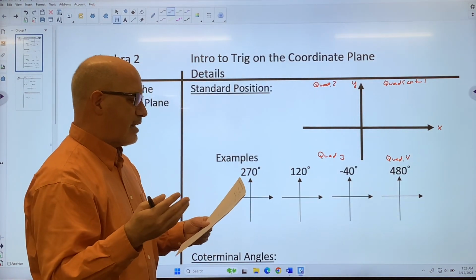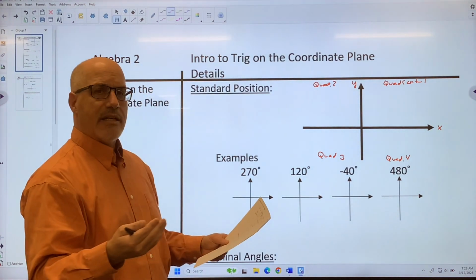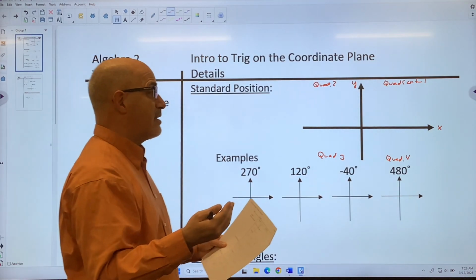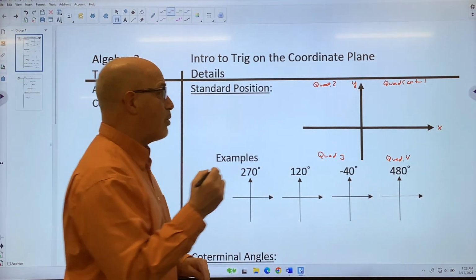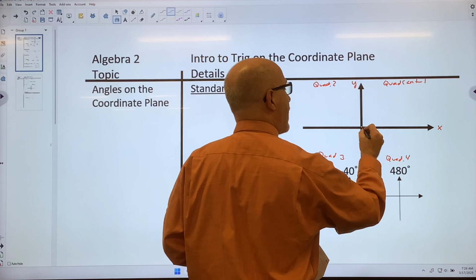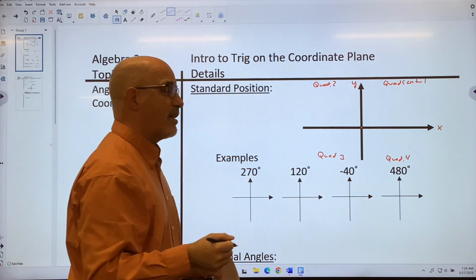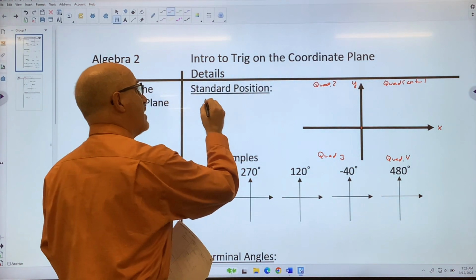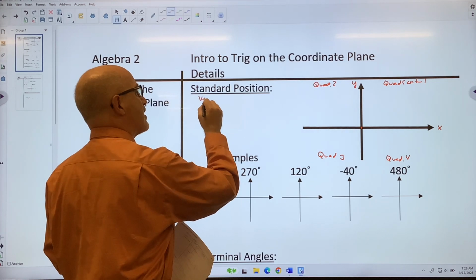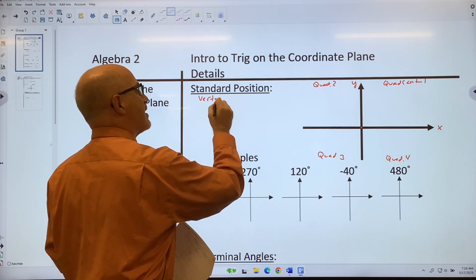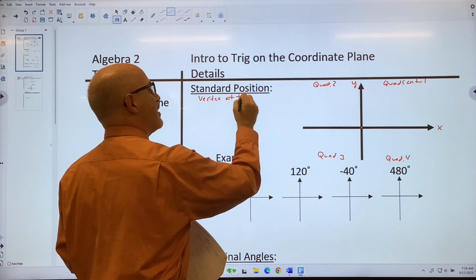Now, as we look at this, we want to do an angle in these coordinate systems. The important part is you want to start your angle. The vertex of the angle is at the origin. So standard position is vertex at the origin.